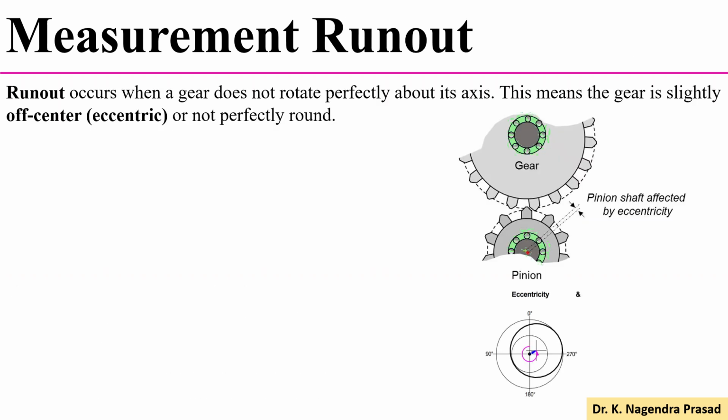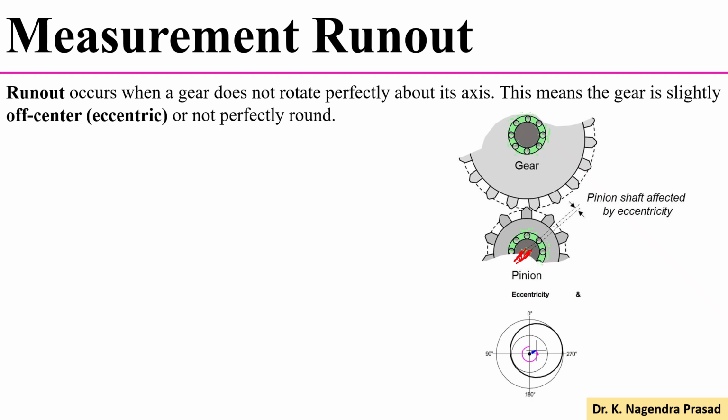Next we will discuss the measurement of runout. Runout occurs when a gear does not rotate perfectly about its axis. This means the gear is slightly eccentric or not perfectly round. In the schematic you have to observe here, the pinion shaft is affected by eccentricity, which means this axis is shifted from its center.